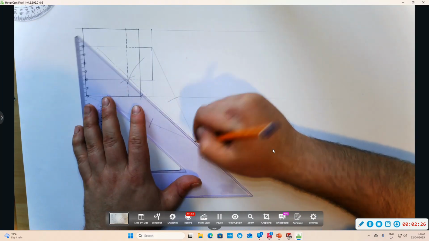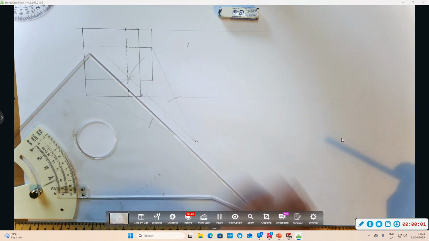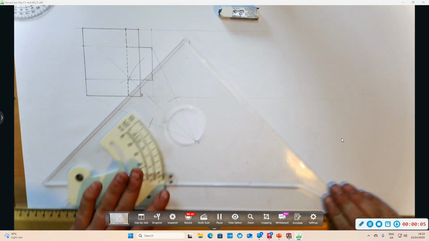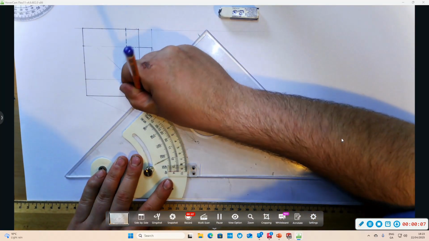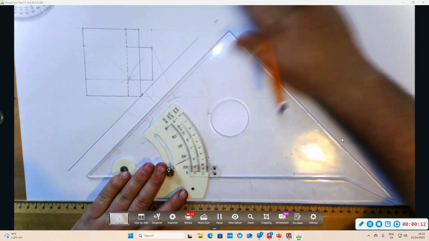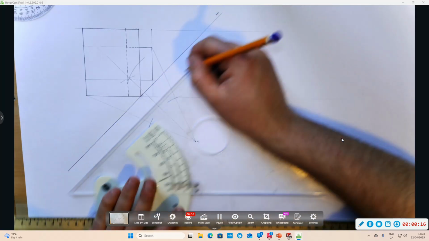So we have that drawn in, and our picture plane is going to be at a right angle to that. So I've got my adjustable set square lined up with the center line of vision, and the picture plane is going to be at a right angle through corner A. There, that's the picture plane in plan.